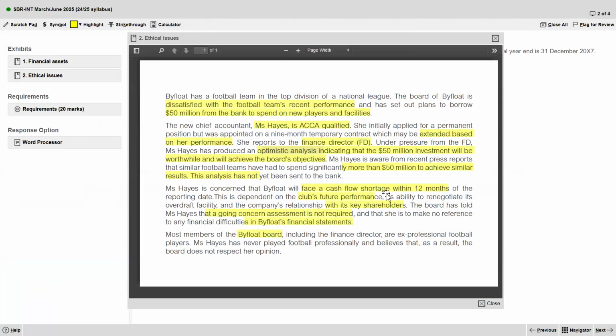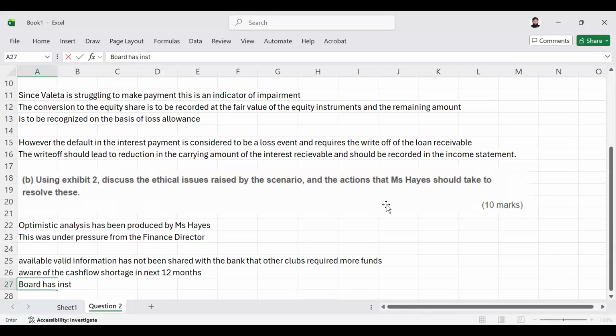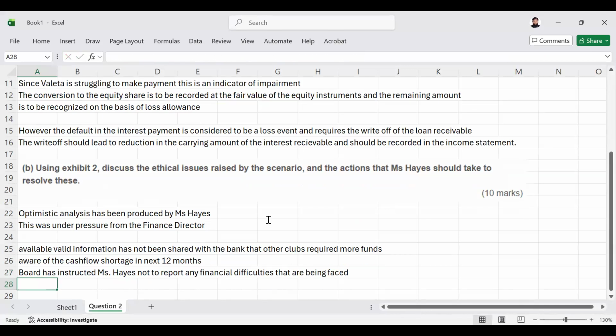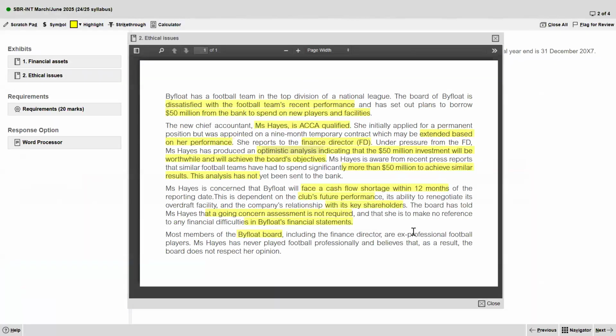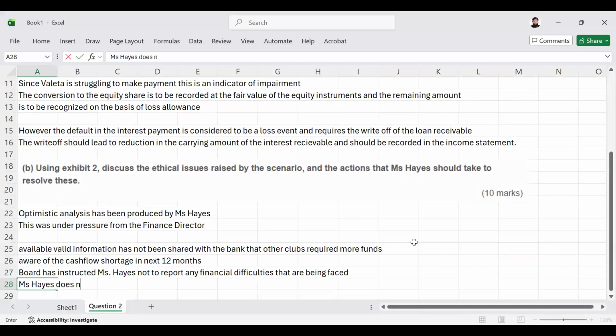The board has instructed Miss Hayes not to report any financial difficulties that are being faced. Miss Hayes does not have football club experience.